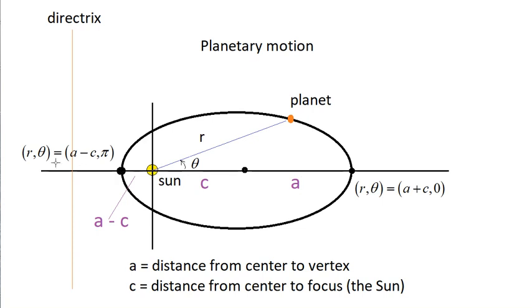At this point, theta is pi. The distance from the center to this vertex is A. The distance from the center to the Sun is C. And so this part right here would be A minus C. So this point r would be A minus C, theta would be pi.